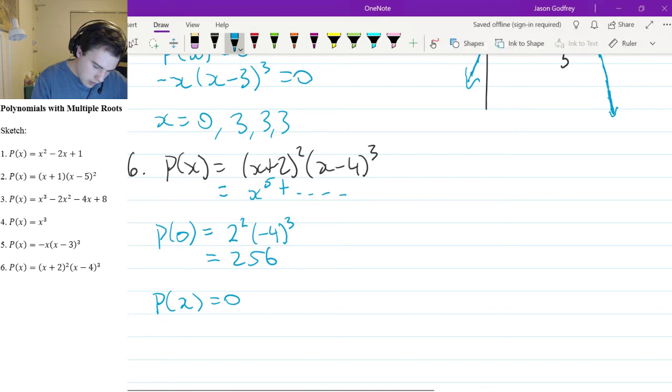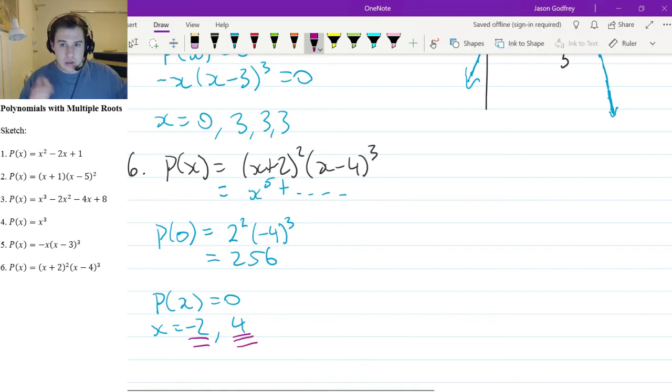Well, we've got x equals negative 2. So that one's going to be a double. We've got it twice. And this is 0 when x equals 4. And we've got that there 1, 2, 3 times, right? You can use any kind of visual tool that makes sense to yourself.